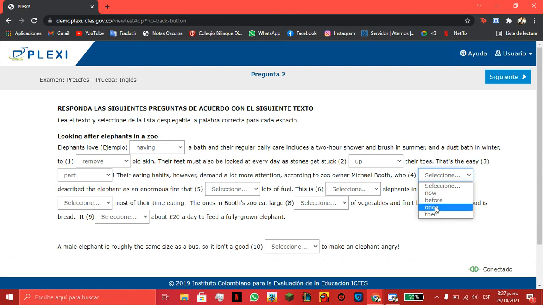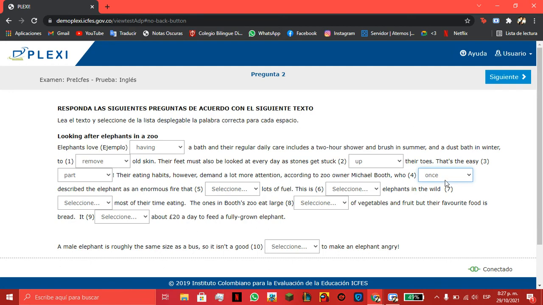So I think the right answer here is once because it says that this zoo owner described the elephant as an enormous fire that, as we see, it's an action that is in the past.